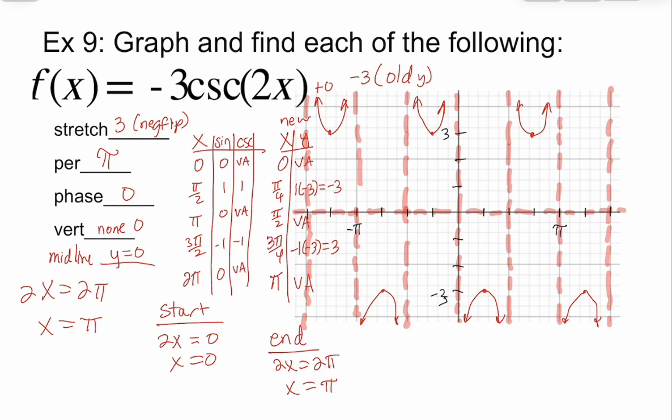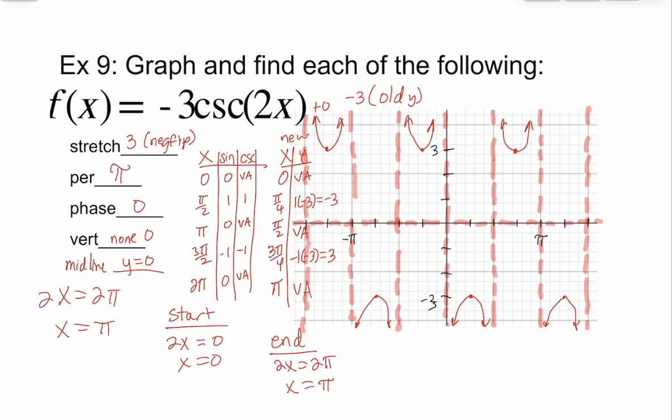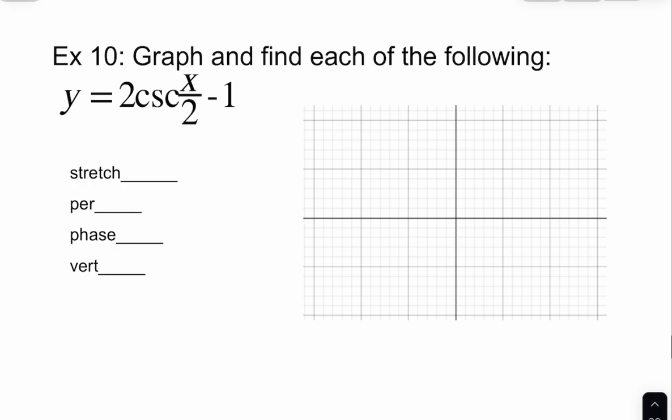I think we still have a few people working, and then we'll scooch on to the next one. Okay, so that is our first cosecant graph. So then let's do one more.